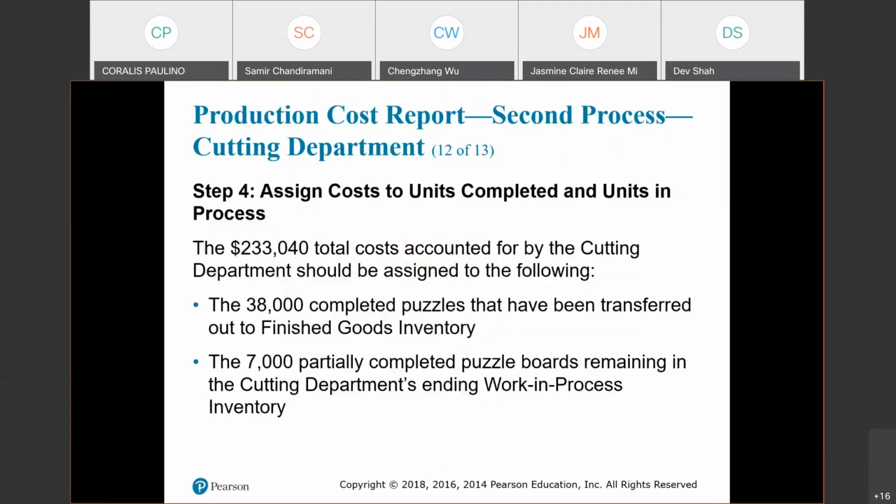Well, step 4, to assign costs to units completed and units in process. Very similar process.